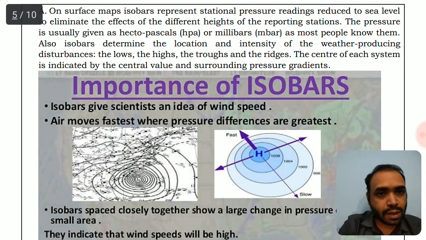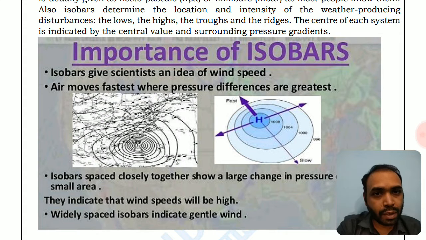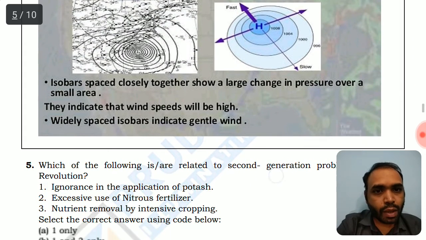We have taken up one MCQ regarding cyclones, especially in the context of India, how tropical cyclones are different from temperate cyclones of Russia, and how they can create havoc in the Indian subcontinent and coastal areas. So the isobar is an important tool to measure the formation of those cyclones.